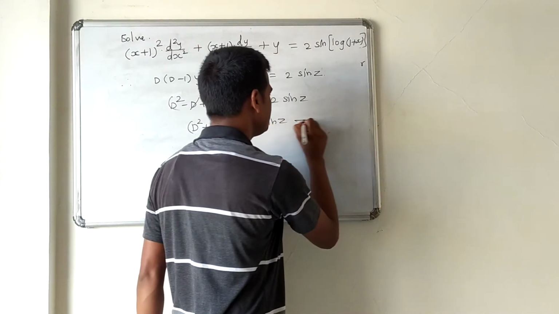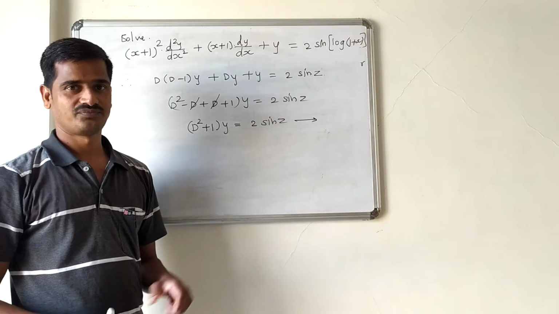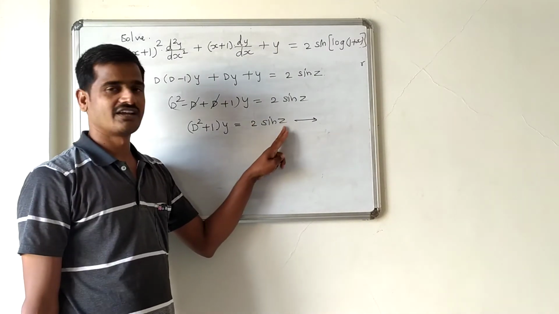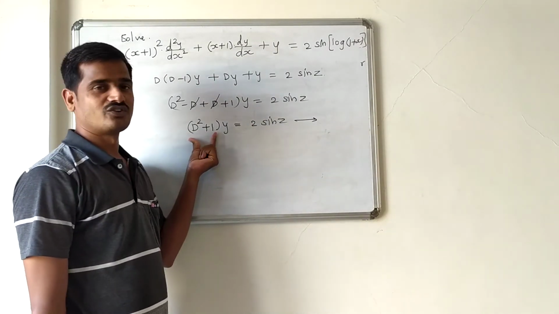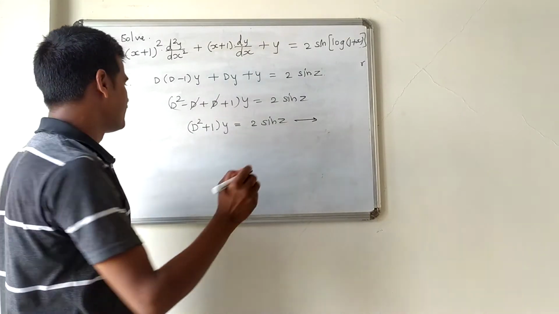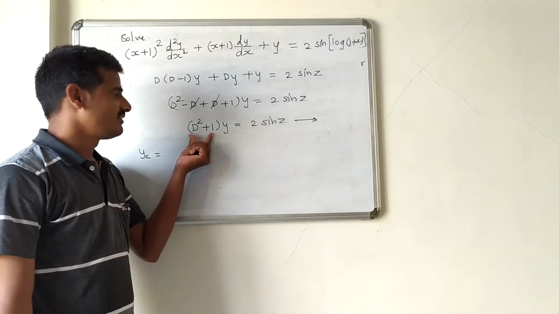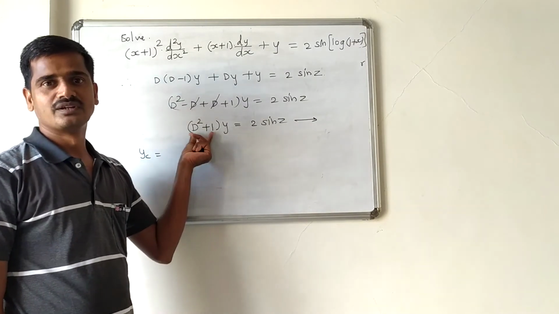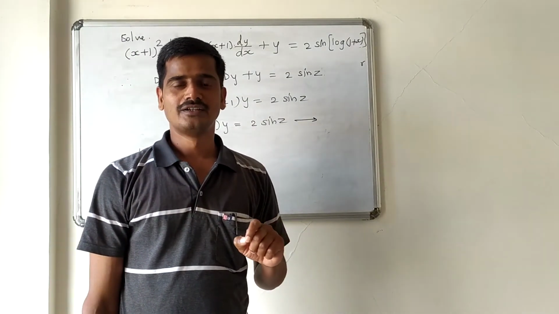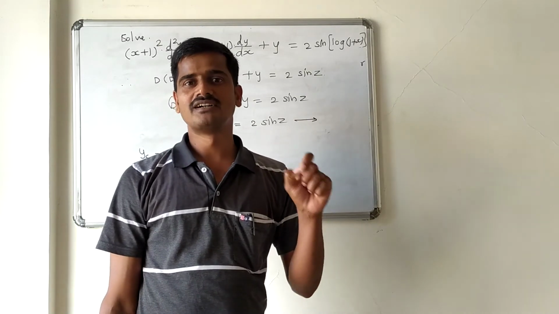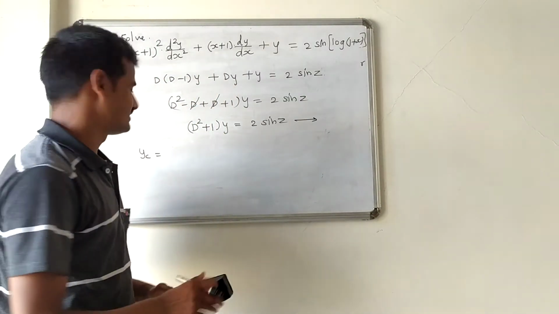Now it is a linear differential equation with constant coefficients. So determine the complementary function. So y suffix c: the auxiliary equation is m square plus 1, roots are plus minus i. So the complementary function is c1 cos z plus c2 sin z.